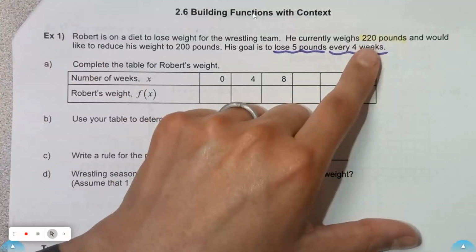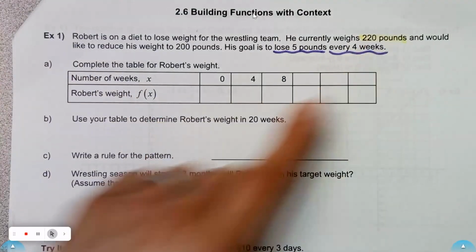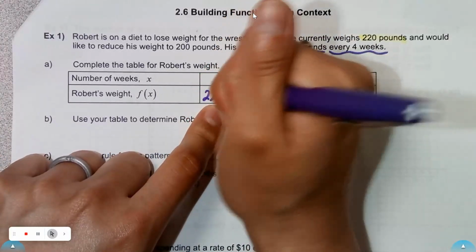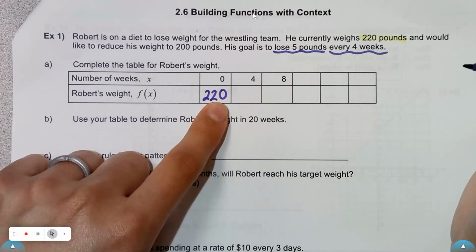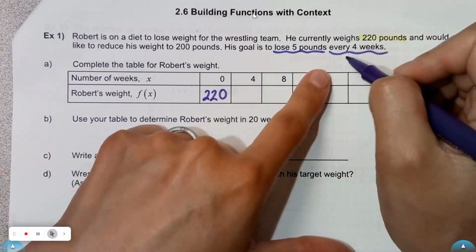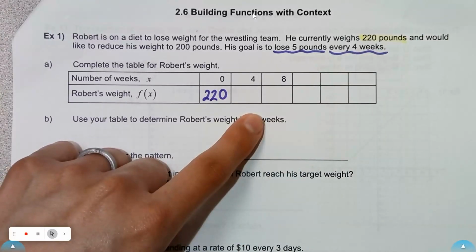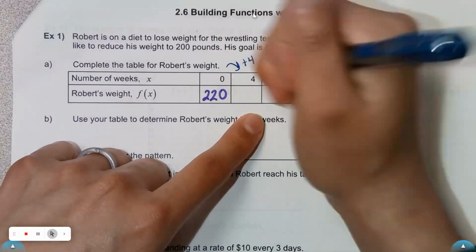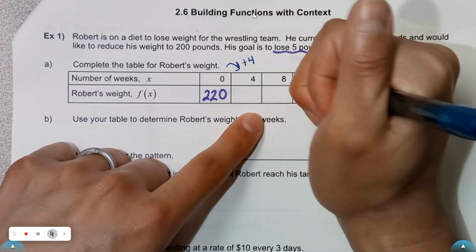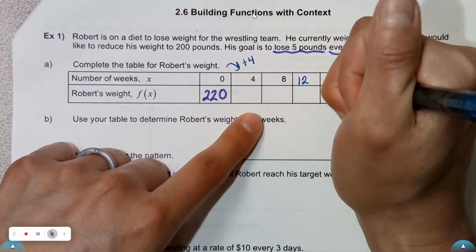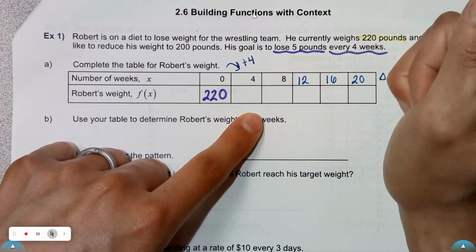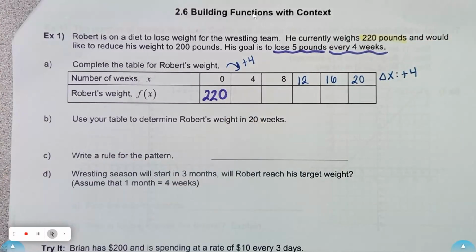Okay, so at the beginning, Robert weighs 220 pounds. Okay? And every 4 weeks, so that means that my x, my top row, is increasing by 4. If I keep that pattern going, this becomes 12, 16, and 20. So my change in x is plus 4.